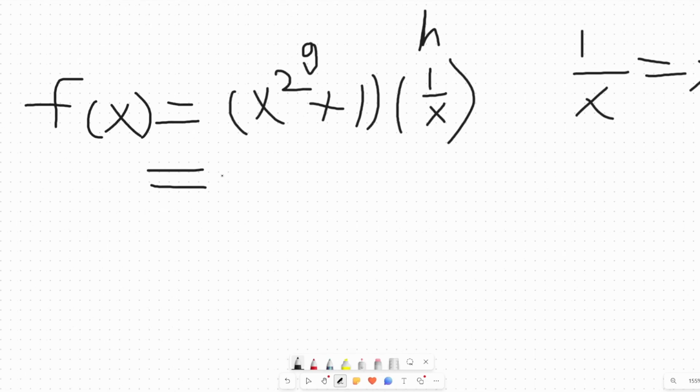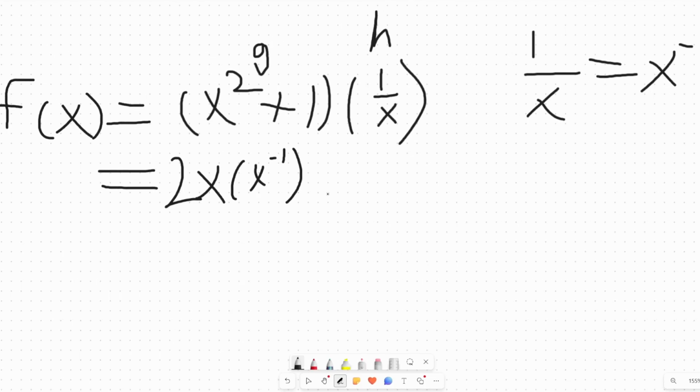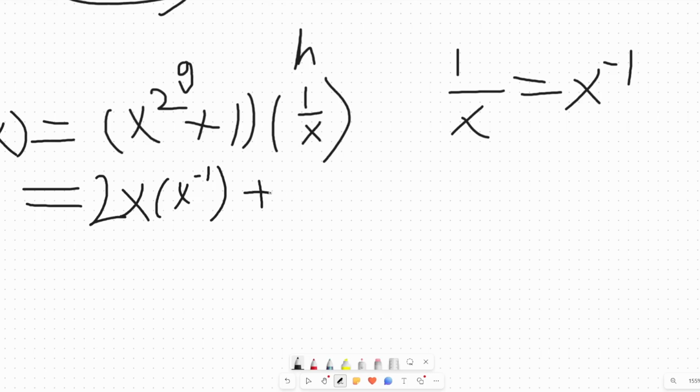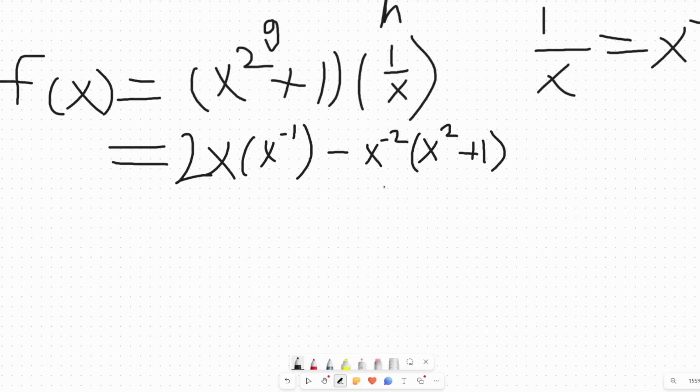So we take g prime, so 2x again, times h, so times x to the minus 1. All right, and then plus h prime, so it would actually be minus, because negative 1 would be minus x to the negative 2 times g of x, which is x squared plus 1.